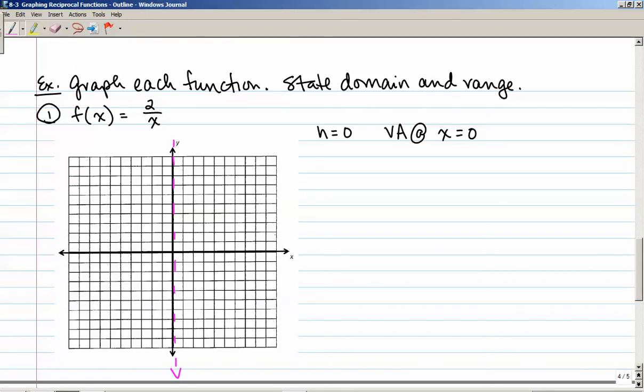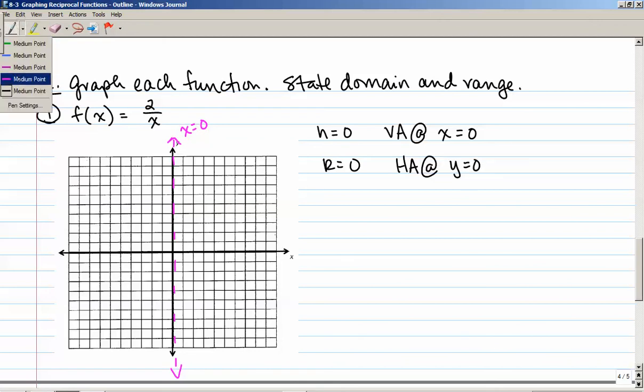That's the line x equals 0. And since I don't have anything added on the end, my k is equal to 0, so I'm going to have a horizontal asymptote at y equals 0. And that's the horizontal line, which is basically the x-axis. There's the line y equals 0.